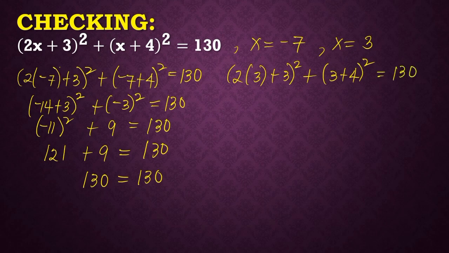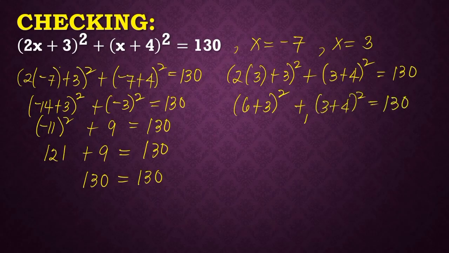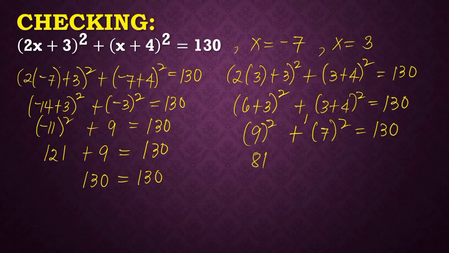Next, 2 times 3, that is 6, plus 3 squared, plus 3 plus 4 squared is equal to 130. 6 plus 3, that is 9 squared, plus 3 plus 4, 7 squared is equal to 130. So, 9 times 9, that is 81, plus 7 times 7, 49, equals 130. So, 81 plus 49, that is 130, equals 130.